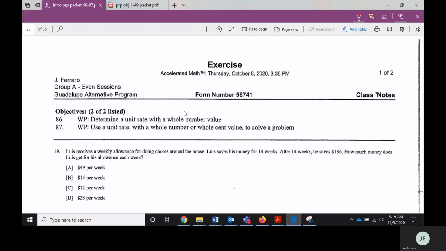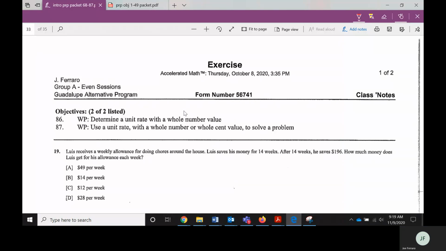We have our last objectives for Intro to Percents, Ratios, and Proportions. So have that packet out. We are looking at objectives 86 and 87, dealing with unit rate.